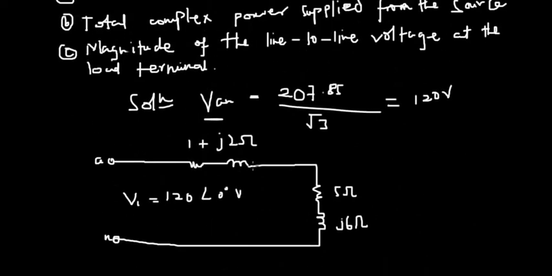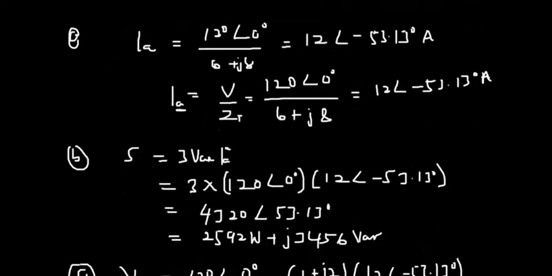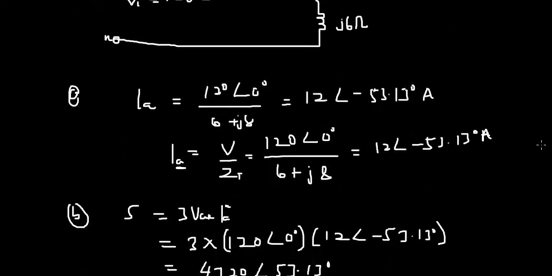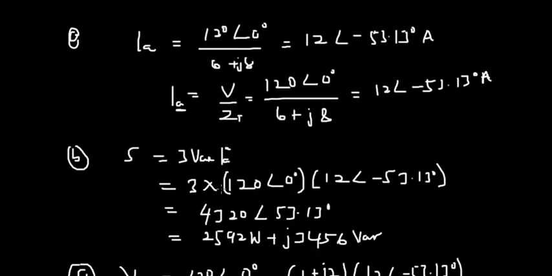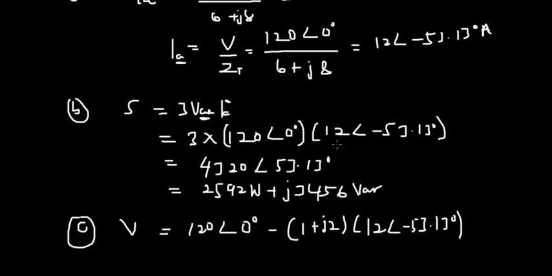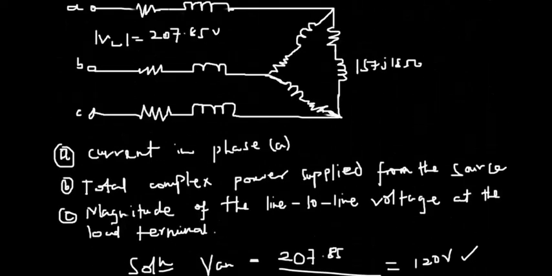So we have the 120, the VAN, in polar form, and then we just multiply that by IA, and then we subtract that from VAN. So we have our impedance at this point.